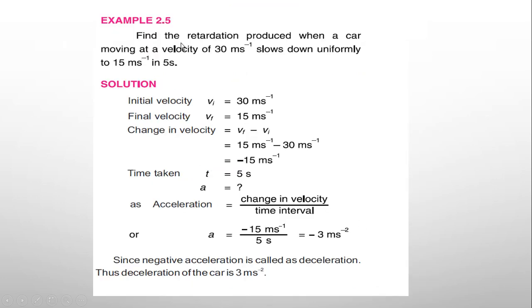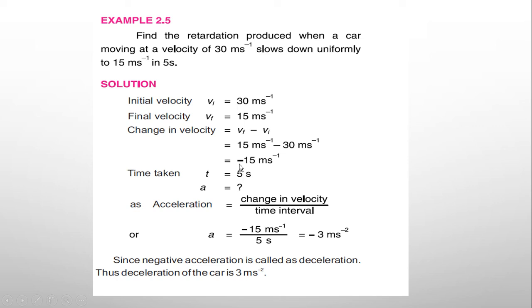Example 2.5: find the retardation produced when a car moving at a velocity of 30 meter per second slows down uniformly to 15 meter per second in 5 seconds. Solution: initial velocity vi is 30 meter per second, final velocity vf is 15 meter per second. So the change in velocity is final velocity minus initial velocity, which is minus 15 meter per second.